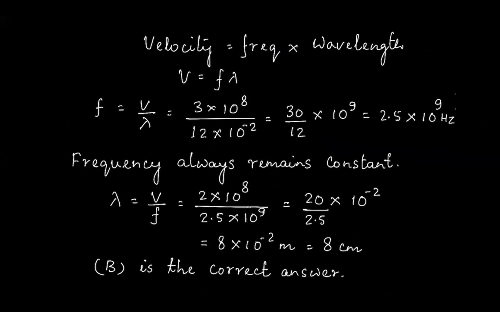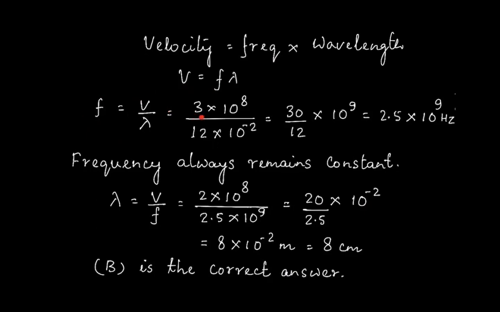You could use the formula V is equal to F lambda, that is velocity is frequency times wavelength. Rearrange this equation and make frequency the subject of the equation. When you do, you get frequency is velocity over wavelength.